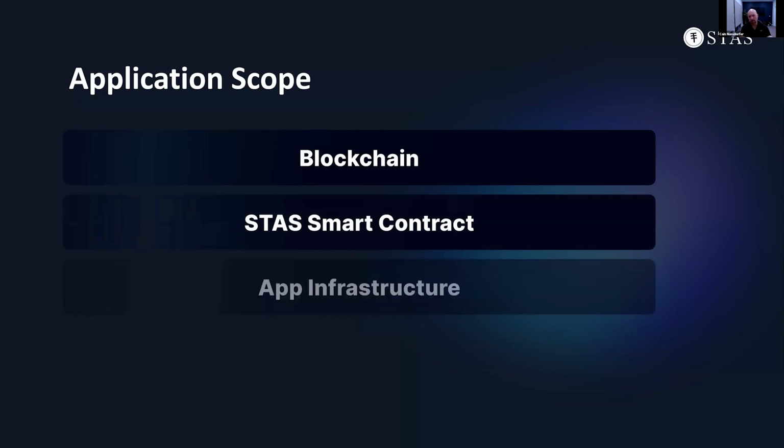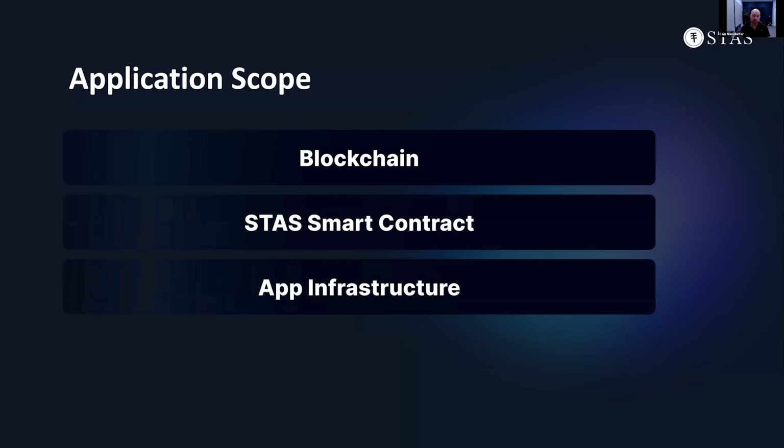Then obviously you have your application infrastructure. This can be considered your operations. When you want to construct transactions to interact with the blockchain, you would use your operations to handle all your UTXO information. UTXOs, we'll get into more details later, but basically all your STAS tokens and all your users, you would handle on the operations layer.